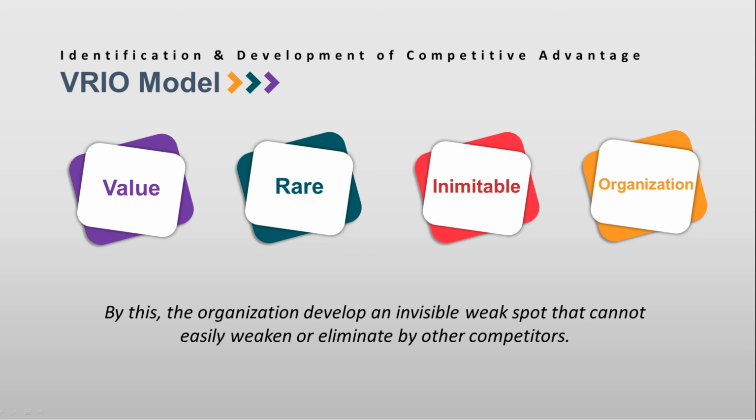Competitors cannot so easily copy them to weaken or eliminate the advantages the organization uses. It was found that the organization's tangible and intangible resources enable organizations to easily beat their competition and achieve better business performance results by using a unique competitive strategy.